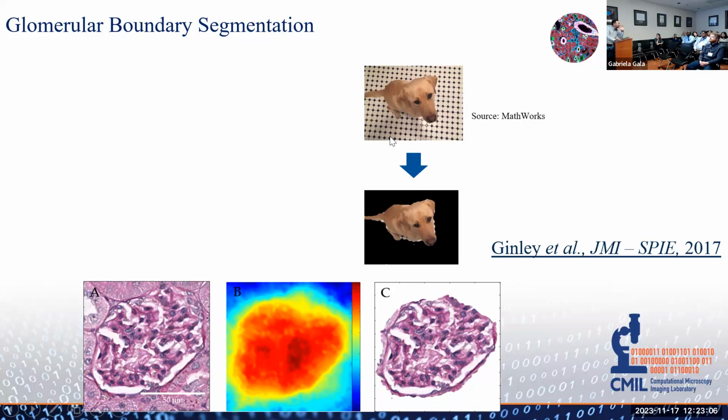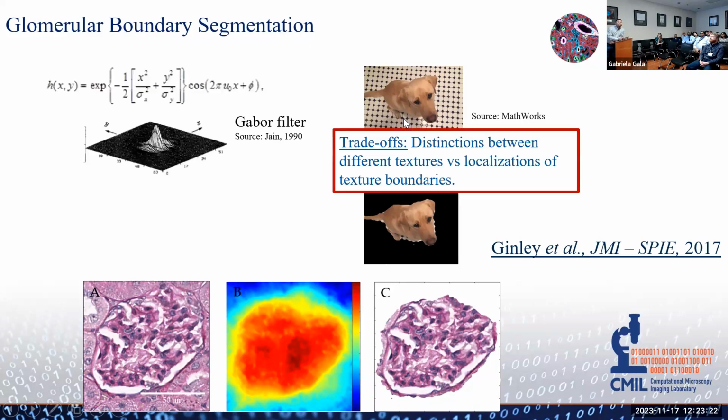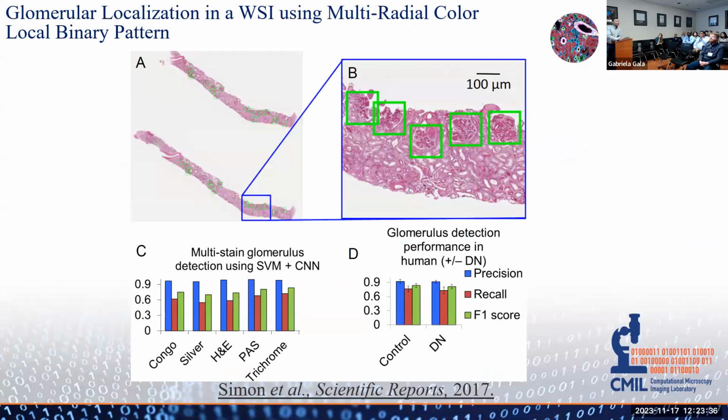Texture means intensity change or frequency, so it is frequency domain analysis, not spatial domain analysis. This frequency is very different from the background, but while doing that, we need to preserve the boundary, right? I will not go into the details of the math, but we figured out the texture of the glomerulus is very different from the background. And we published that, right? At that time we also needed to publish to get the first R01. But the next question came up: okay, if we can segment the glomerulus, right?